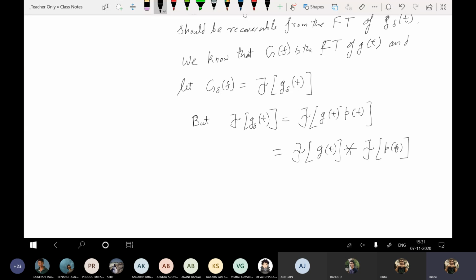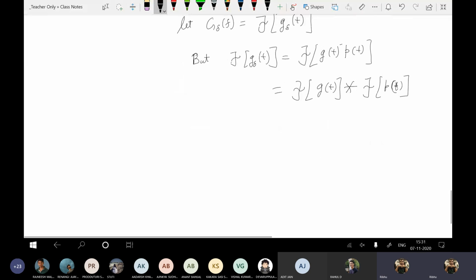Fine. Yes, sir. Now p(t) equals summation n equals minus infinity to infinity delta(t minus nTs).